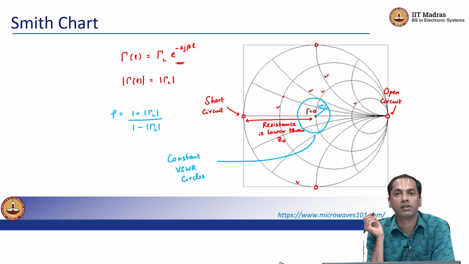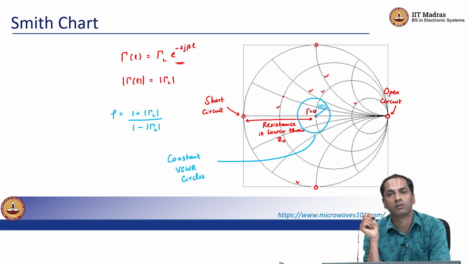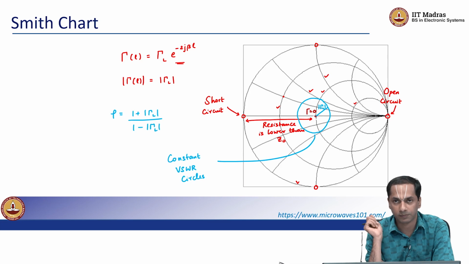So rho will be constant for all gamma L's that have the same absolute value. Even if there is a phase difference, the rho will stay the same, right. So these are constant VSWR circles. Another way to say it is that all the loads, the R plus jX corresponding to the dots on this blue circle, will all have the same voltage standing wave ratio, or you can say that they have the same modulus of the reflection coefficient, right.